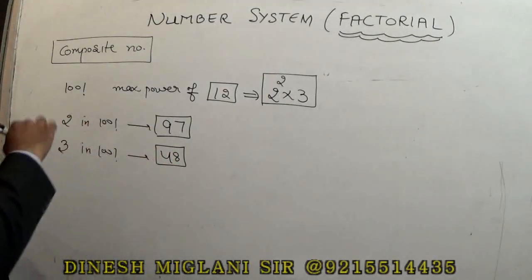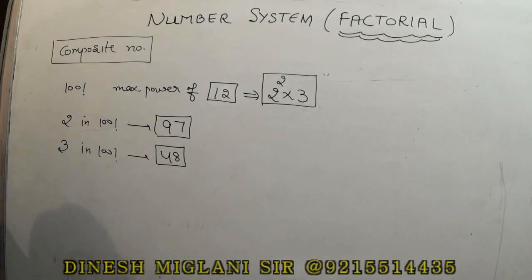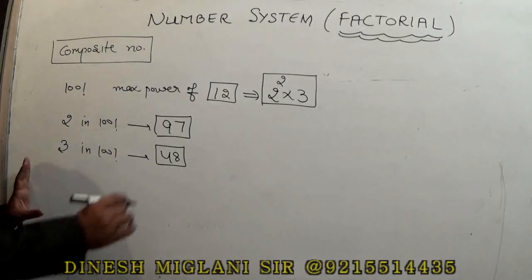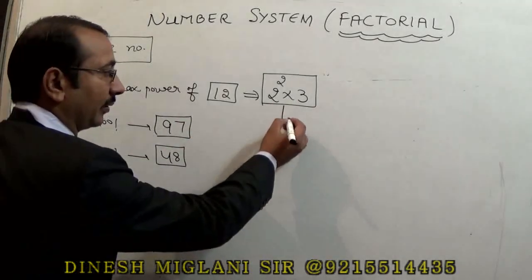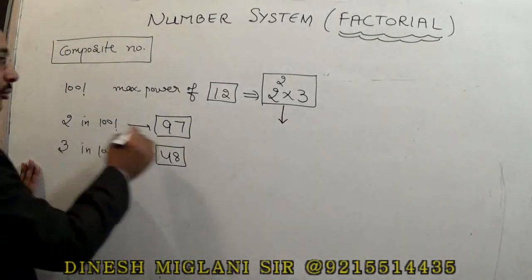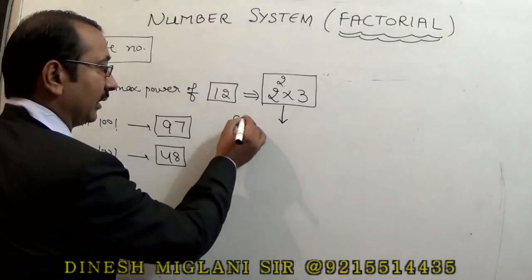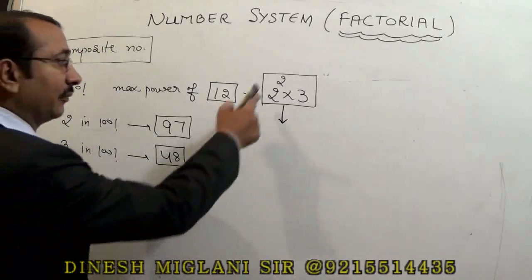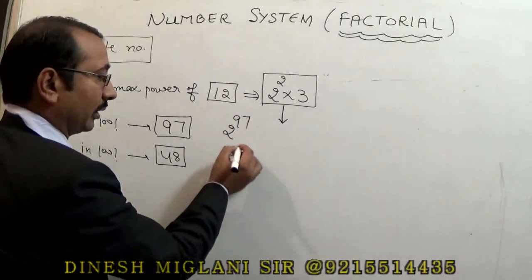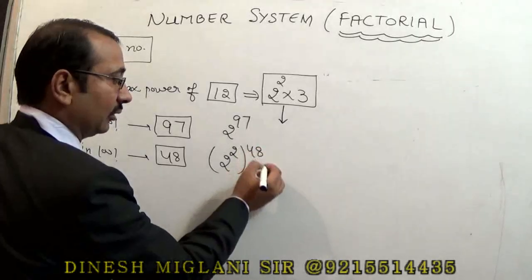These two questions I discussed earlier. The maximum power of 2 in 100 factorial is 97. Maximum power of 3 is 48. Now in my question I need maximum power of 2 square. It means you have 2 raised to power 97 in 100 factorial, but I need for 2 squares. For 2 squares it would be 48 and 1 2 would be left.